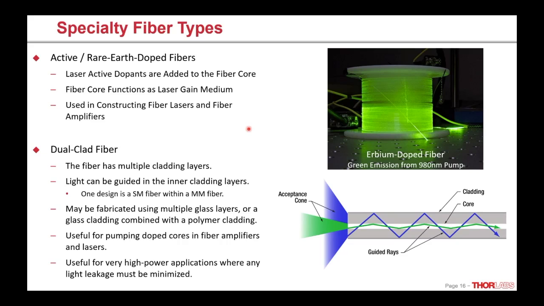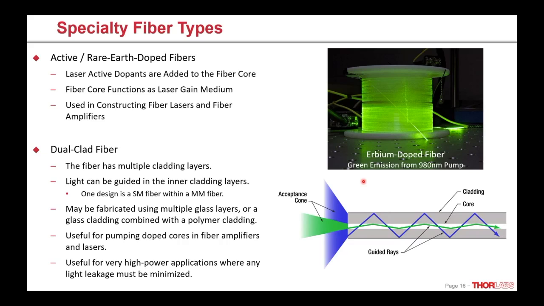Commonly used in the active fiber world is something we call a dual clad fiber design. So the idea here is not only do we have a core and a cladding, but we have multiple claddings with successively lower indices, so that you can not only have light guidance at this core to first cladding interface, but first cladding to second cladding interface can also guide light.